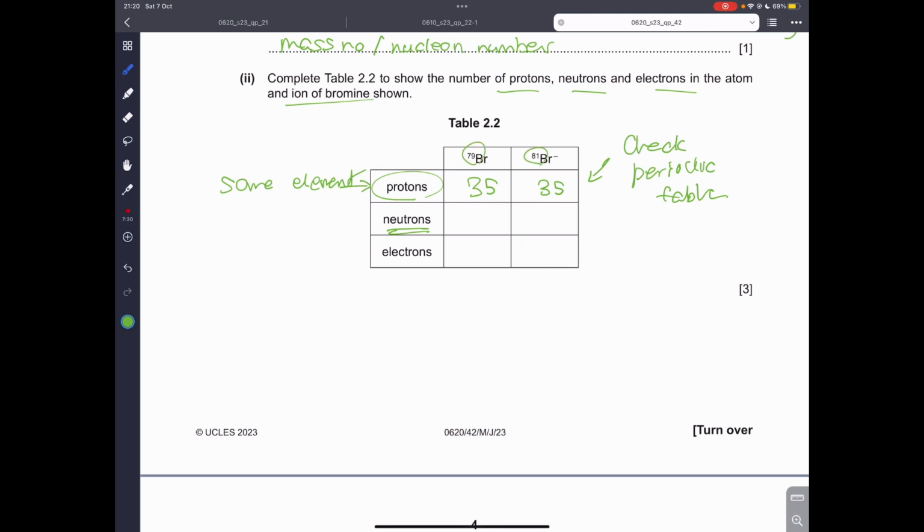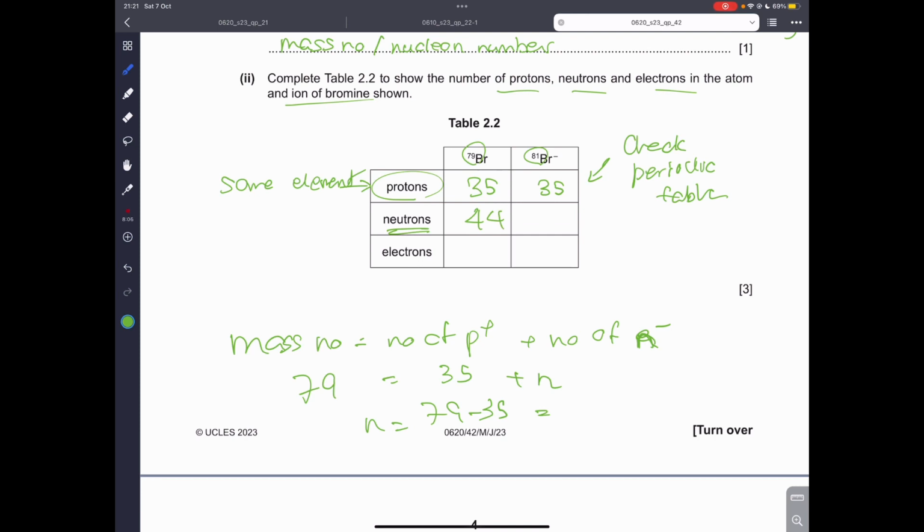Remember, the mass number is basically the number of protons plus the number of neutrons. So the number of protons here is 35, for Br79. The nucleus contains protons and neutrons. So if you want to know the neutron number, you just subtract 35 from 79. This is basic mathematics, and you will get an answer of 44.